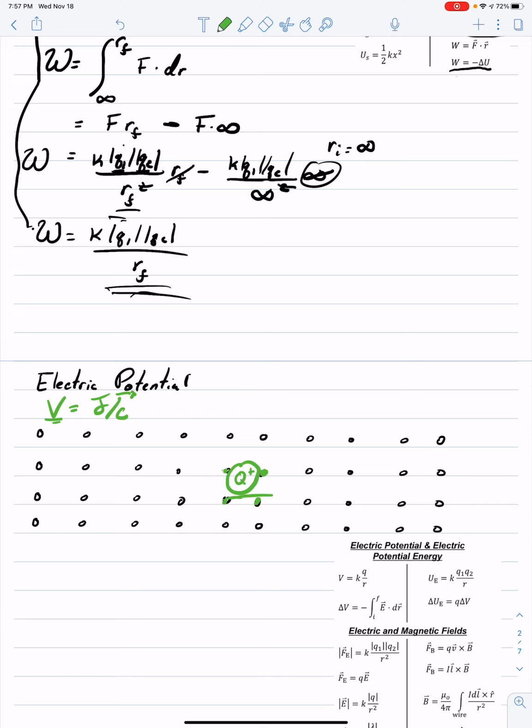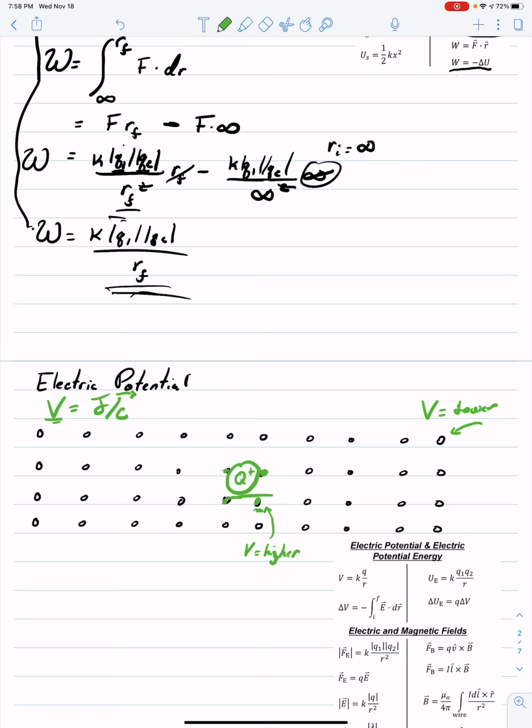You have to have another charge. But you can figure out what could be possible if you did put a charge there. So you can understand the energy that you can have if you put a charge right here, as well as the energy that you can have if you put a charge right here, by understanding the electric potential. The farther you are, the lower it is. The closer you are to the charge, the higher the electric potential.